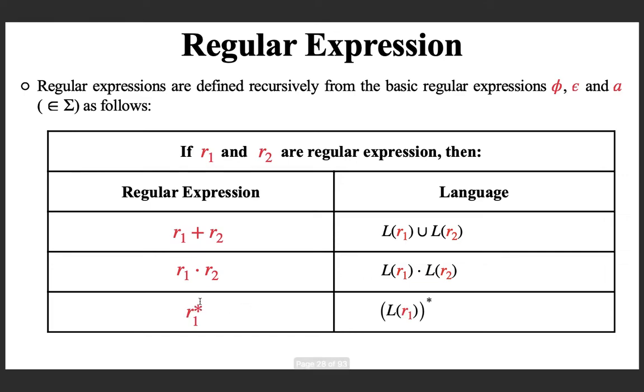Now if you take R1 star, it is a regular expression representing the star closure of the language represented by R1. And these are the set of 3 rules defining new regular expressions from the basic set of regular expressions, and thus we have a recursive definition for regular expressions.